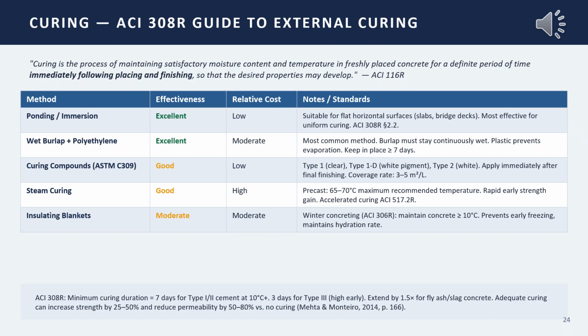For hot weather, ACI 305 limits fresh concrete temperature to 35 degrees Celsius. Now, one final point in this slide is that if you are using fly ash or slag as supplementary cementitious material, the curing duration should be extended by 1.5 times the standard period because these materials hydrate more slowly than Portland cement alone.